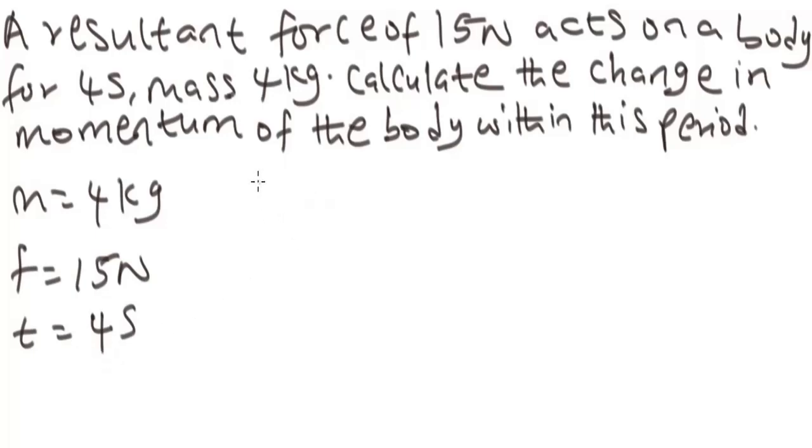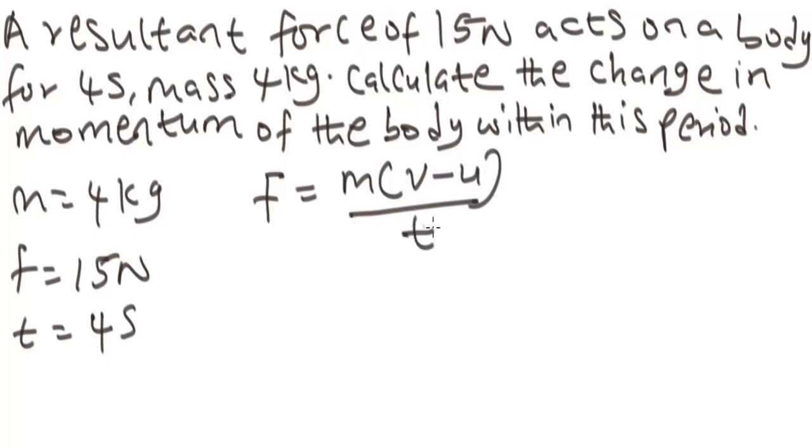Remember, Newton's second law of motion says the rate of change of momentum of a body is directly proportional to the applied force. That's F equals change in momentum over t. When we cross multiply, impulse equals mass times change in velocity.